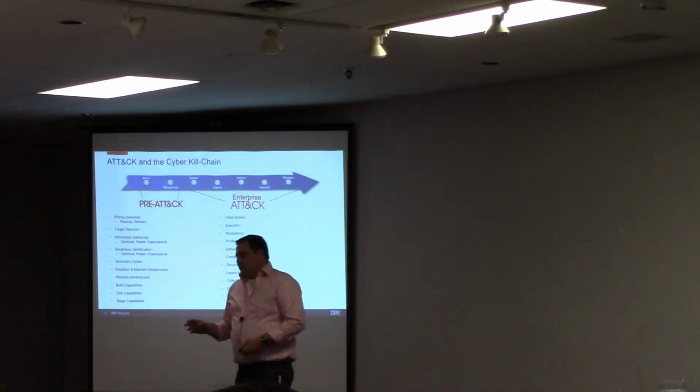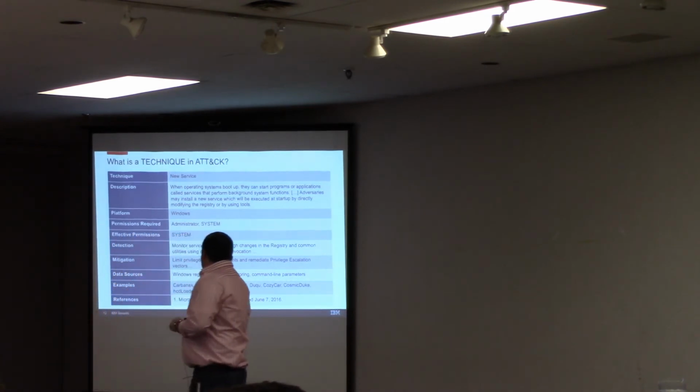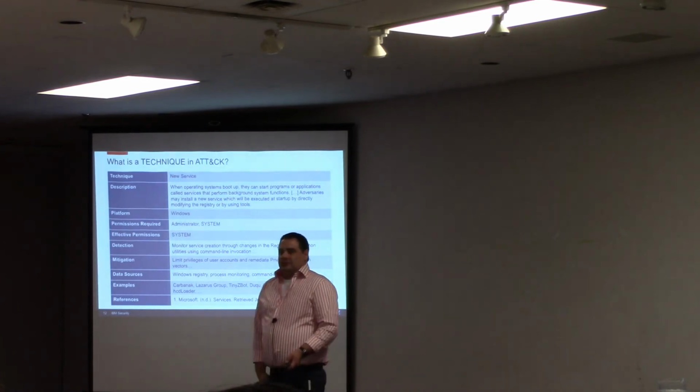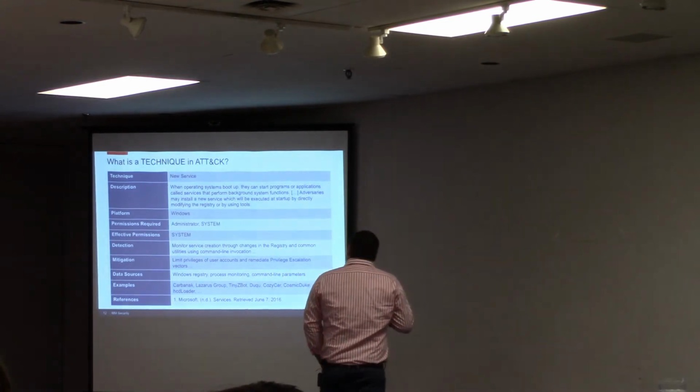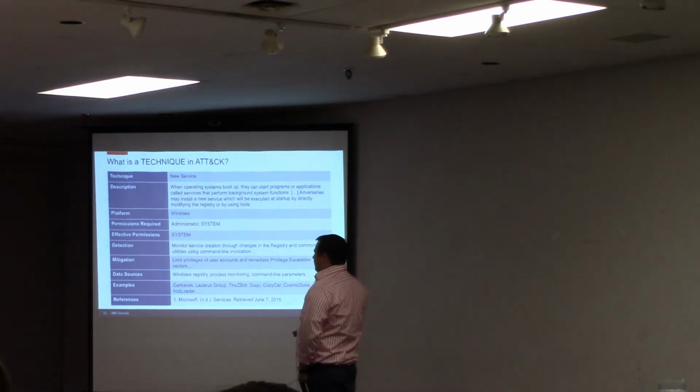The reason you want to do that will become obvious as we go through here. So what does a technique look like? If you drill in on one of those little table cells, this is the information that's behind it. You'll have the name of the technique and a high-level description of what the technique is.